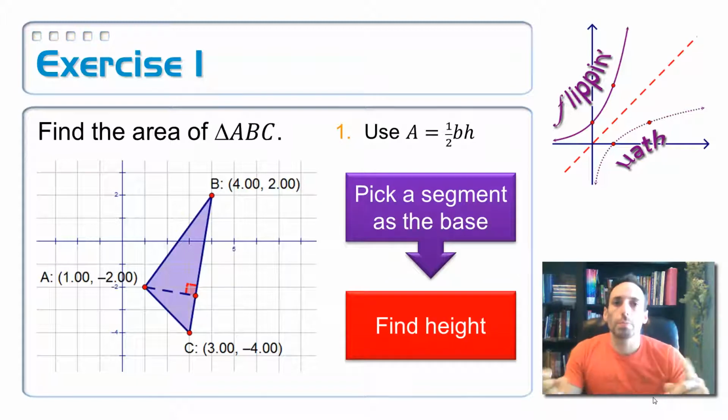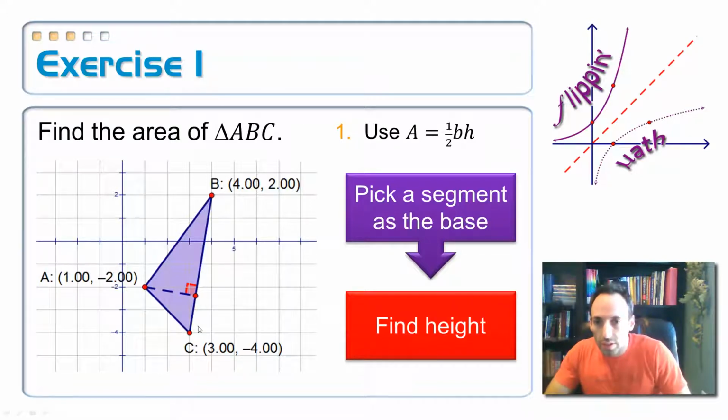So listen to the process that's involved here. What you would have to do in order to find, let's say, the length of BC, if I chose that as the base, is a distance formula between point B and point C. Okay, that's not too big of a deal. But in order to find the length of the height, here's point A. It's from one of the vertices of the triangle, and it goes to the other side, makes a right angle.